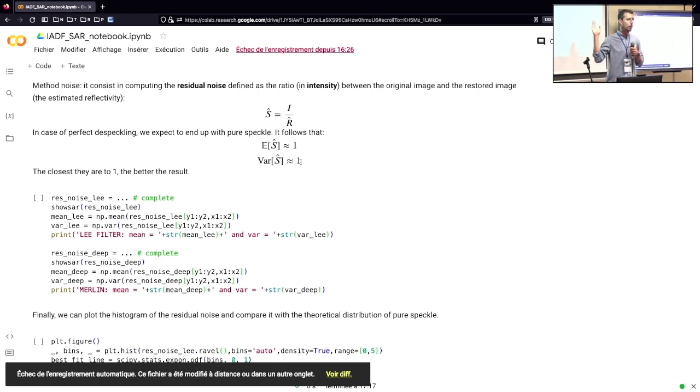Those are given by the model that you have seen before. So we can try to compute that, and we will see which algorithm is better respecting those statistics in order to evaluate if we have sufficiently reduced the speckle in our images.